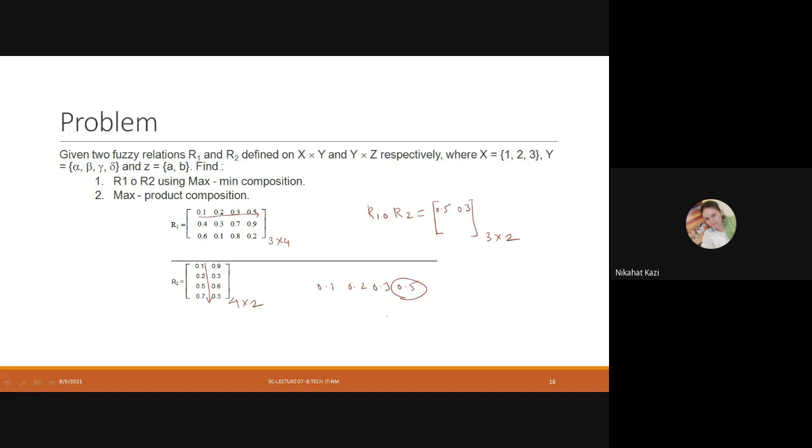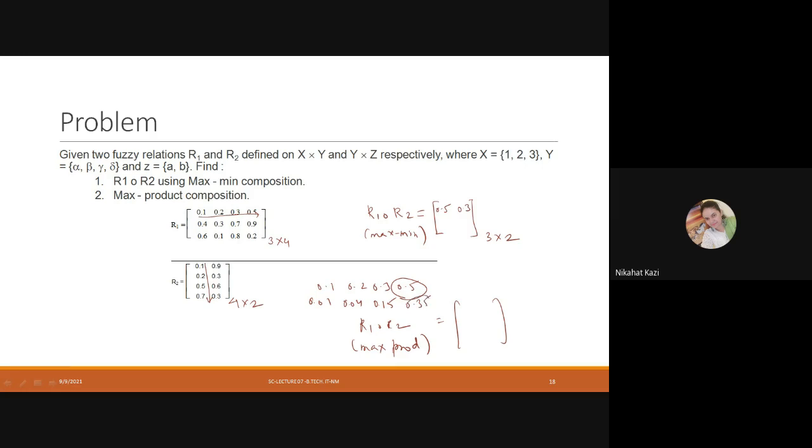What about max product? Replace the min operation with product. 0.1 multiplied by 0.1 is 0.01. 0.2 multiplied by 0.2 is 0.04. 0.3 multiplied by 0.5 is 0.15. 0.5 multiplied by 0.7 is 0.35.